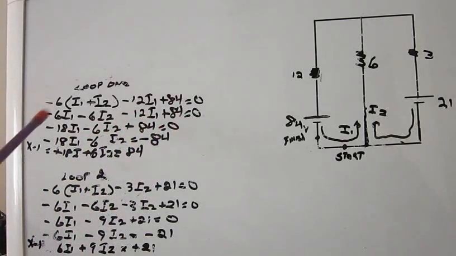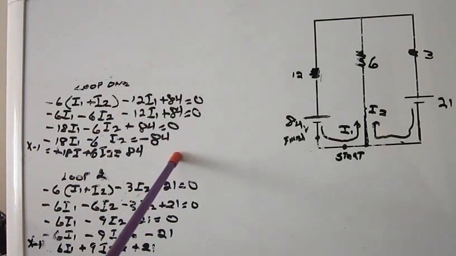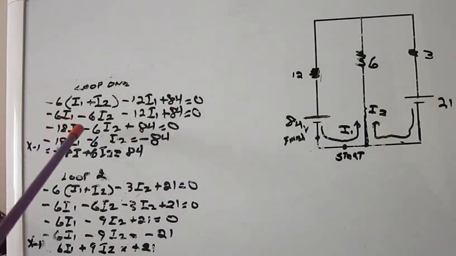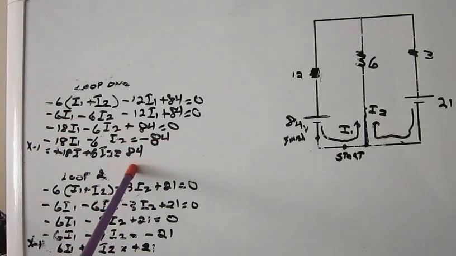Okay? For convenience now, we can get the 84 term over on the other side of the equation by adding a positive 84 to both sides of the equation. That makes this a positive 84 here.